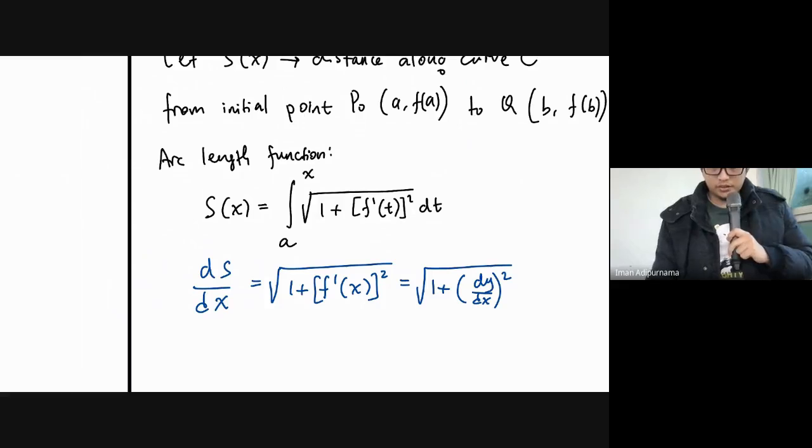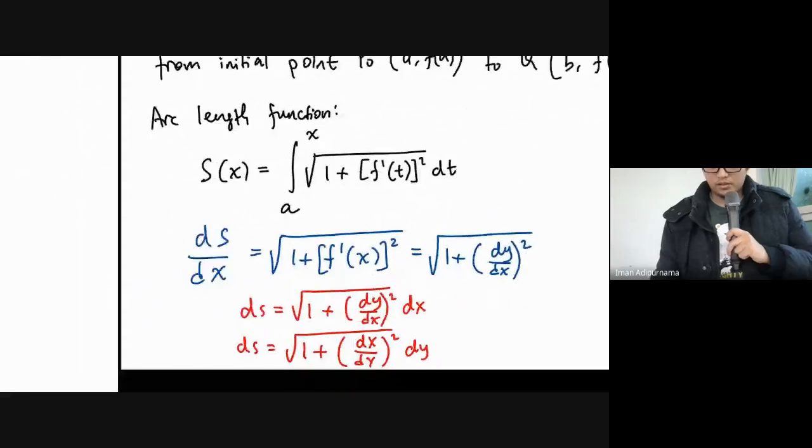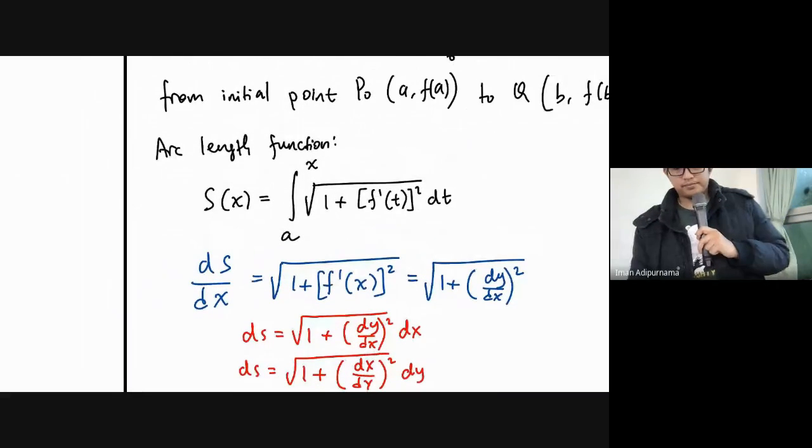In differentials, you can write ds as the square root of 1 plus dy over dx squared, times dx, or the square root of 1 plus dx over dy squared, times dy, in differential form.